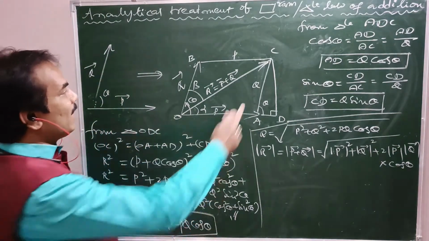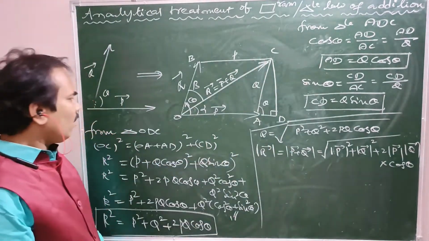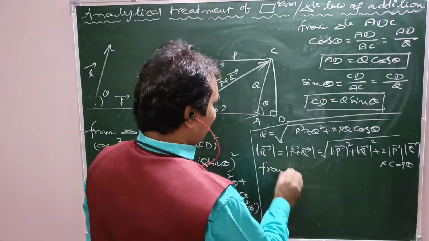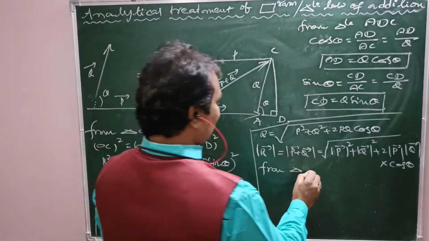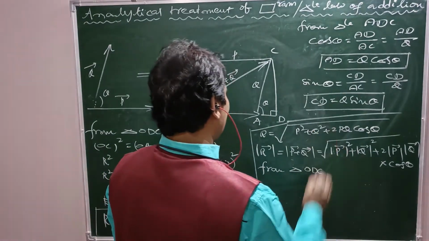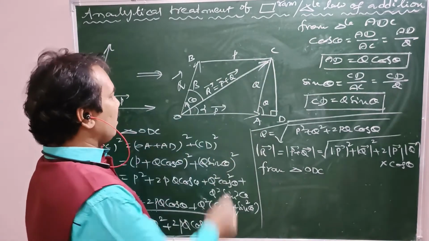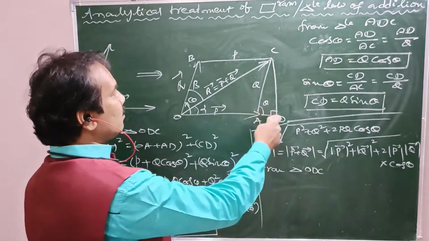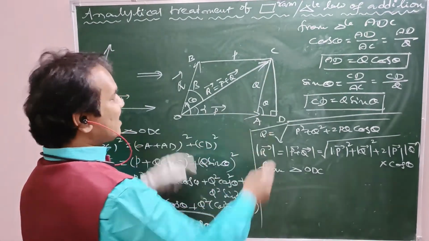Tan alpha means take this right angle triangle once again, ODC. From triangle ODC, big right angle triangle ODC, tan alpha. See, here what is the angle alpha? CD becomes opposite side, OA plus AD becomes adjacent side.